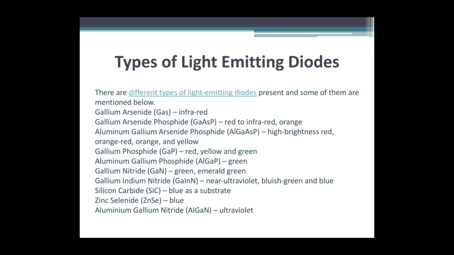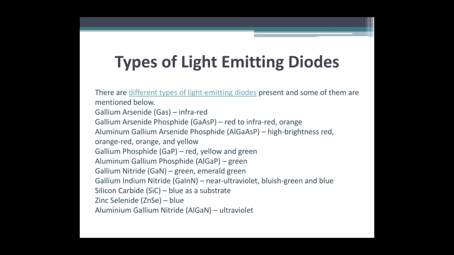Types of LEDs. There are different types of LEDs present and some of them are mentioned below. Gallium arsenide LED, gallium arsenide phosphide LED: colored red to infrared or orange. Aluminum gallium arsenide phosphide: high brightness red, orange red, and orange and yellow.